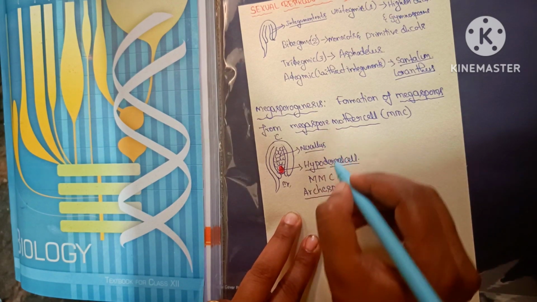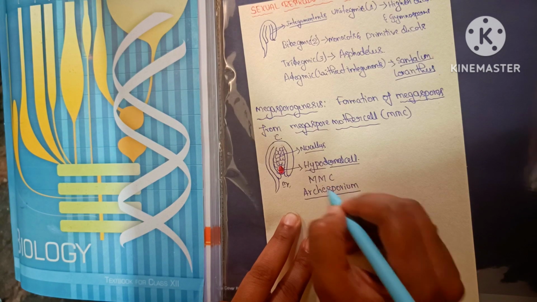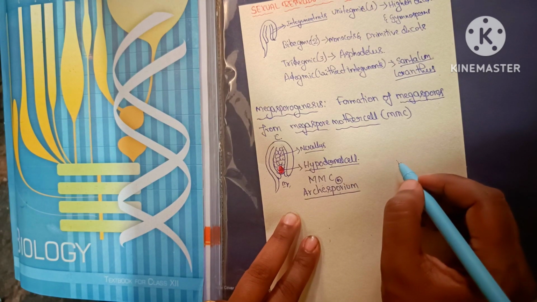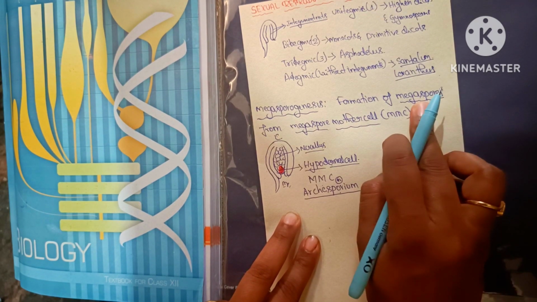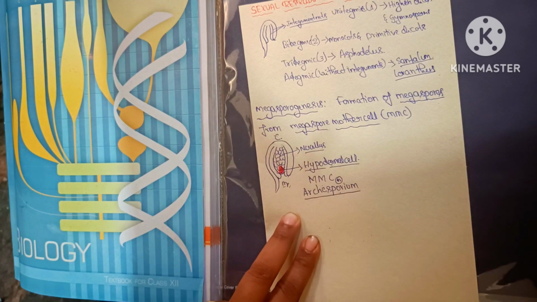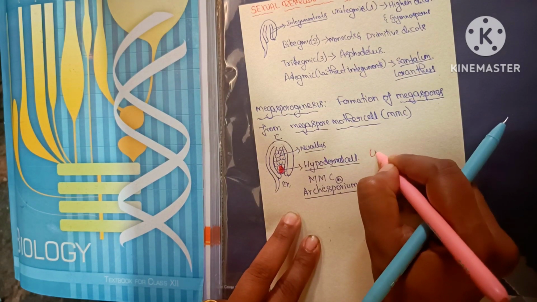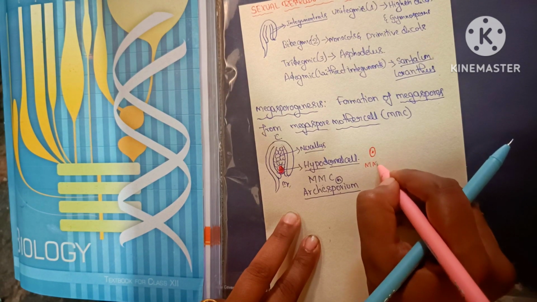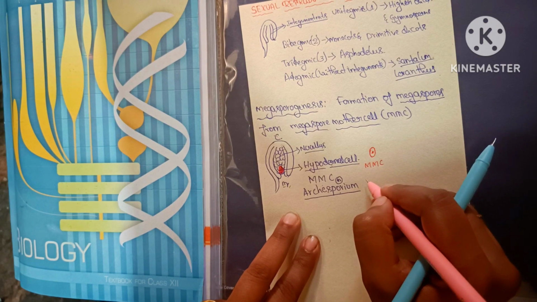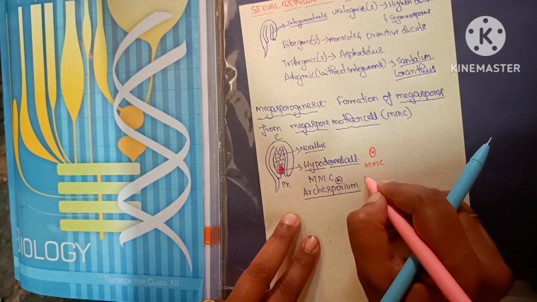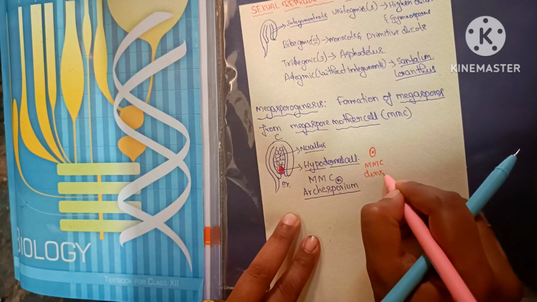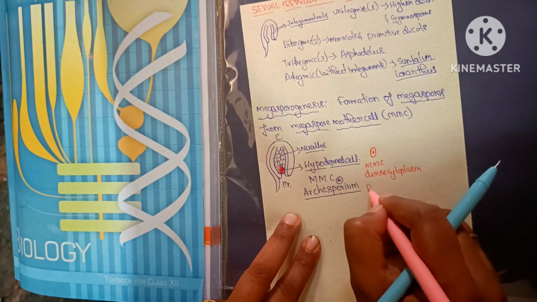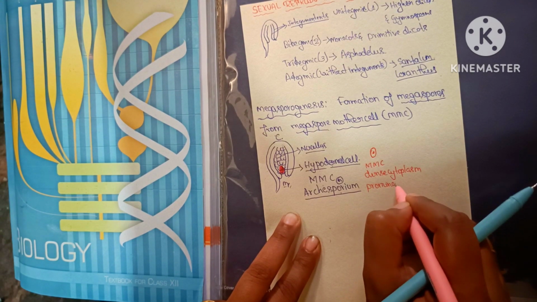But here, in the case of flowering plants, the archesporium will give rise to the megaspore mother cell. Let us write now. This is one megaspore mother cell, MMC. Remember, this megaspore mother cell has a dense cytoplasm and a prominent nucleus.